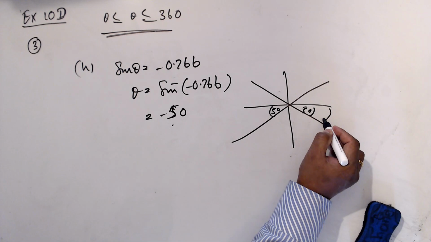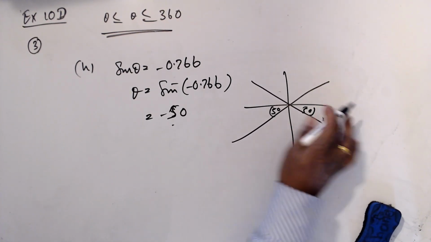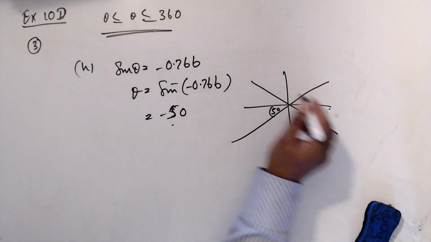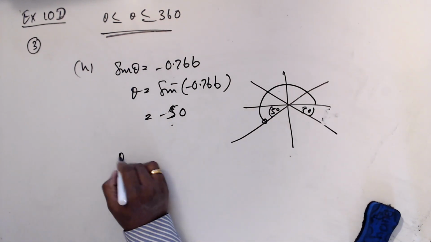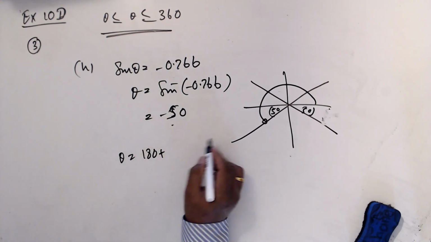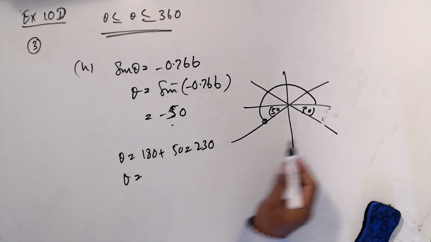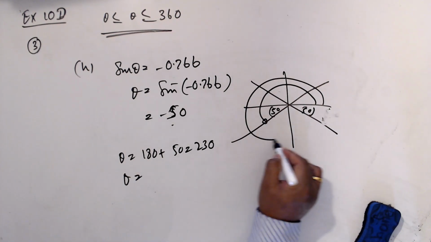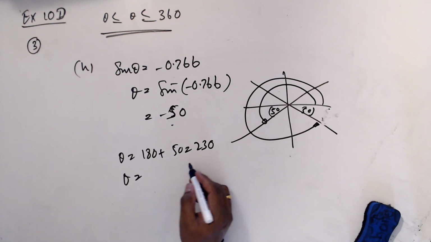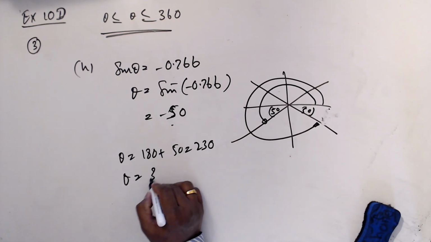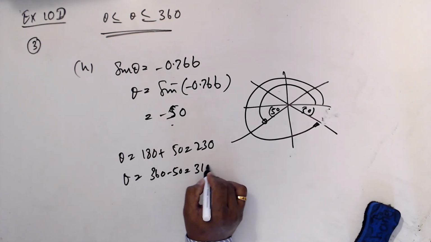So you can see minus 50 if you measure like this, but we need a positive answer. So we'll start from 0 here. One is 180 plus 50, which is 230. The second one is 360 minus 50, which is 310.